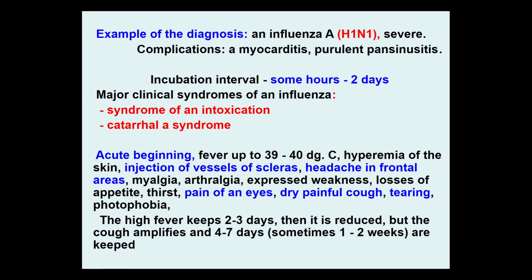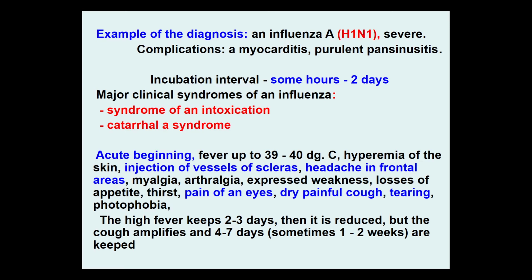Incubation interval: some hours to 2 days, actually up to 5 or even 7 days when we talk about avian flu. Major clinical syndromes of influenza: intoxication syndrome and catarrhal syndrome. Acute beginning, fever up to 39 to 40 degrees, hyperemia of the skin, injection of scleral vessels, headache in the frontal areas, myalgia, arthralgia, expressed weakness, loss of appetite, pain in the eyes, dry painful cough, tearing, photophobia.